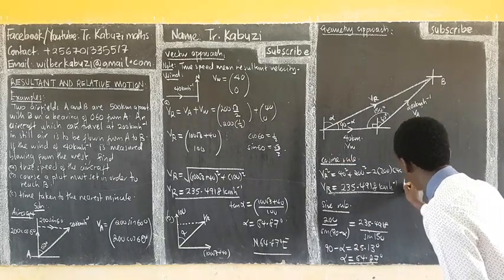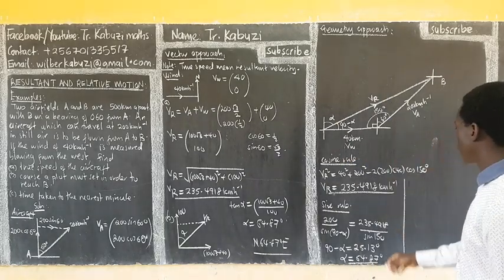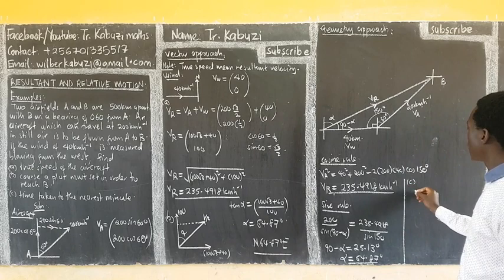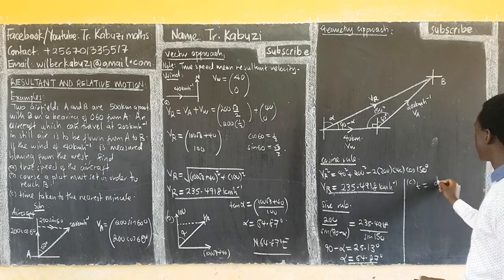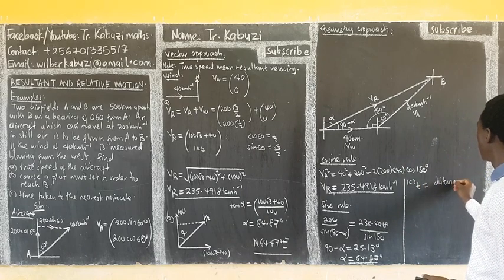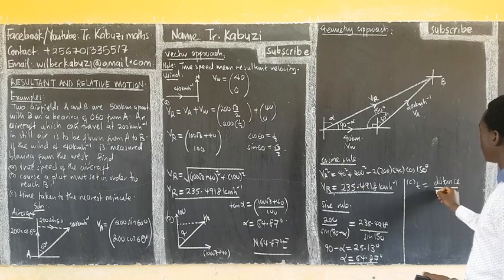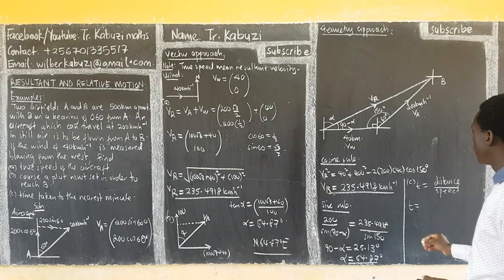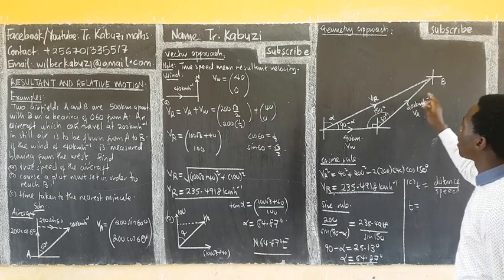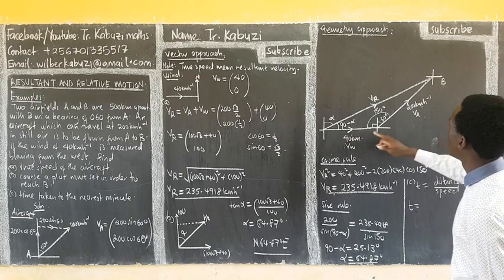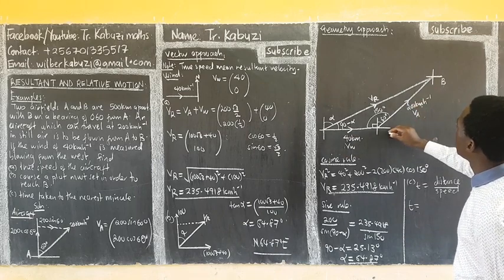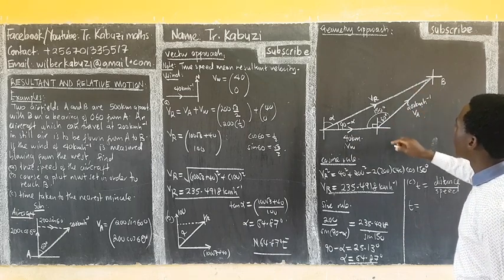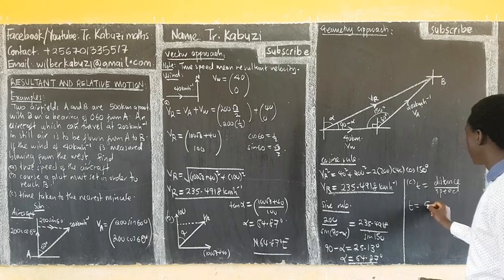So therefore, we can get our time, that is the course you get. Then let's see the time. Remember, our time is equal to the distance over velocity or over speed. So our t here is going to be the distance, remember these two towns, A and B, from A to B, there we are having 500 kilometers over the speed.